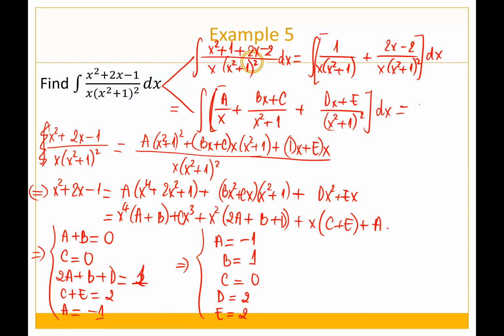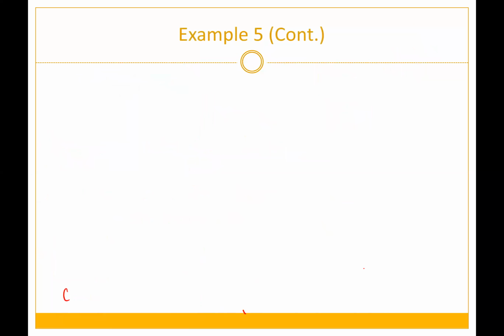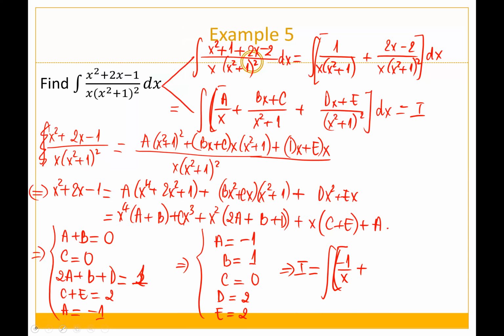So our integral I is now going to equal negative 1 over x plus, b is 1 and c is 0, so you're going to have x over x squared plus 1 plus 2x plus 2 over x squared plus 1 squared dx.